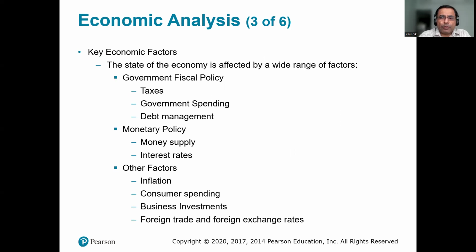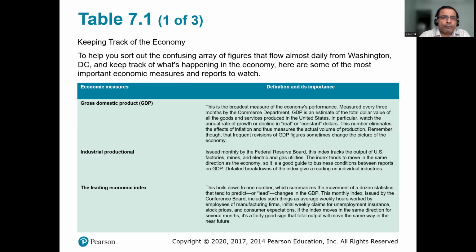So some of the economic factors which help us to understand the economic condition are government fiscal policy, monetary policy, and other factors such as inflation, foreign exchange rate, consumer spending, and so on. So these are a brief explanation of different economic factors that we consider during economic analysis.